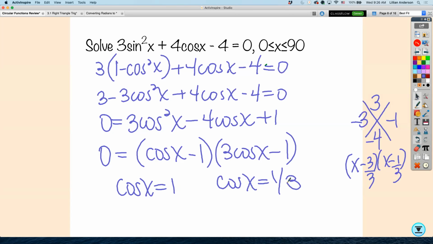Where on the unit circle does cosine x equal 1? 0. Anywhere else? No, that's it. Okay. And what about 1/3? Is there any place on the unit circle where cosine equals 1/3?